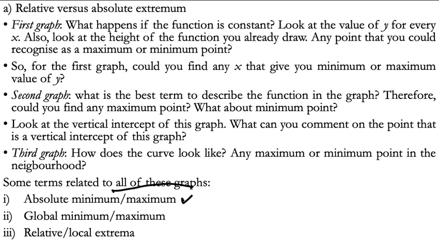So number 1 and number 2 here, absolute and also global are the same thing. Relative is when the point is maximum or minimum within the immediate neighborhood defined in the graph.